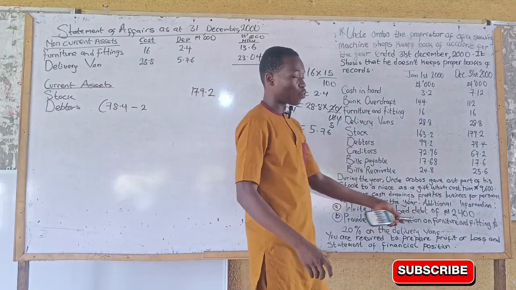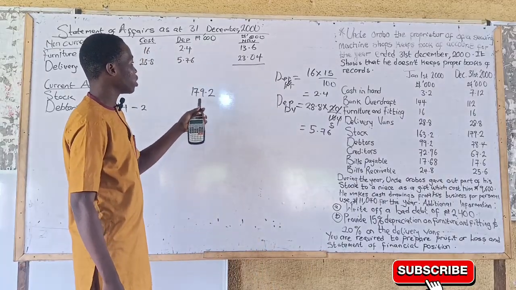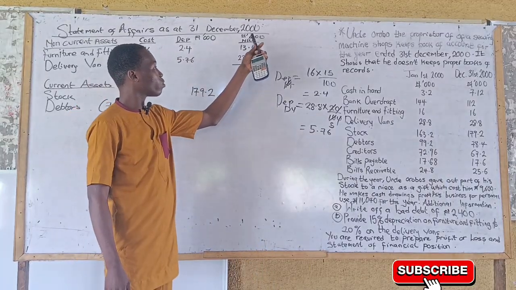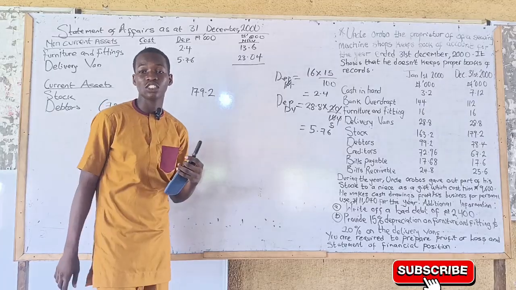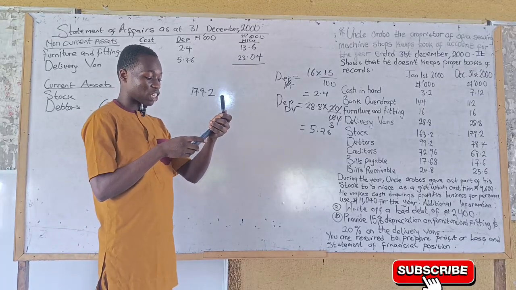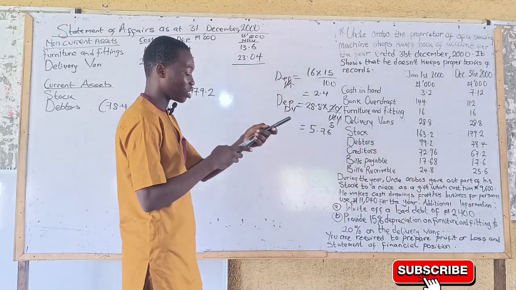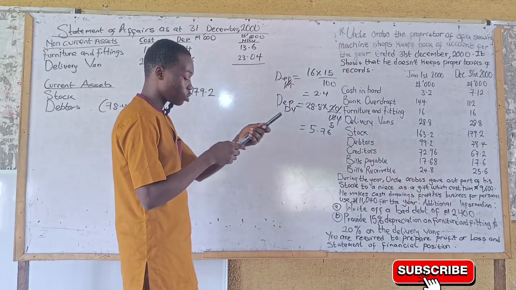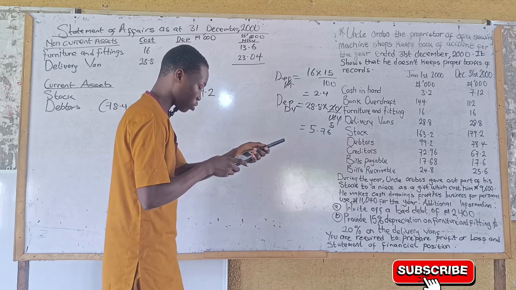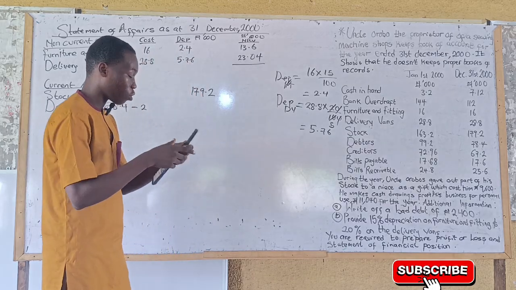Don't forget, we have 2,400, but the amounts are written in terms of 1,000. That is, you are dividing the original amount by 1,000. So it's going to be 2,400 divided by 1,000, that's going to give us 2.4.